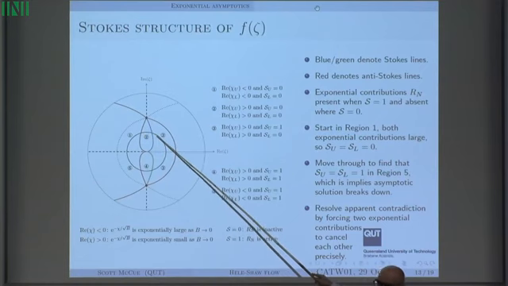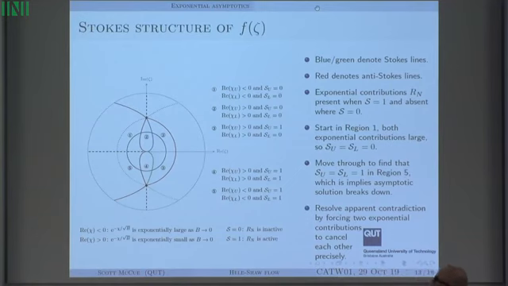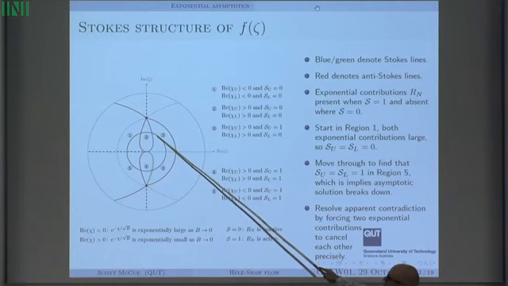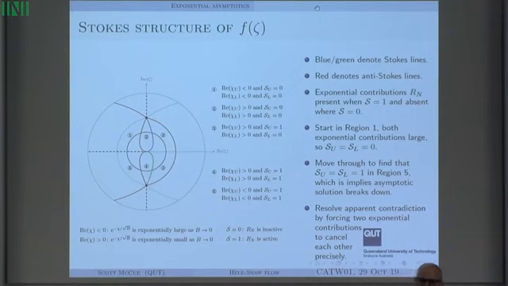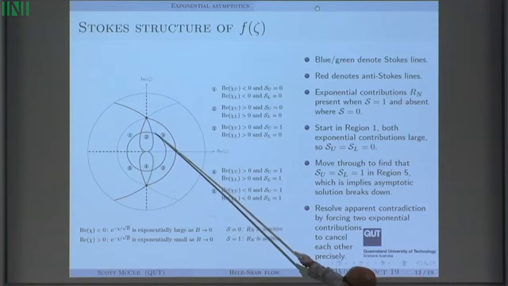Now as I cross this Stokes line, one of them gets switched on in a way that I tried to explain before. So across this Stokes line, one of them gets switched on, and the scaled Stokes multiplier will then go from 0 to 1. On this scale, it just switches from 0 to 1, but remember, if I zoomed in, that would be a smooth but rapid change. So in this region 3, one of these contributions appears and the other one doesn't.